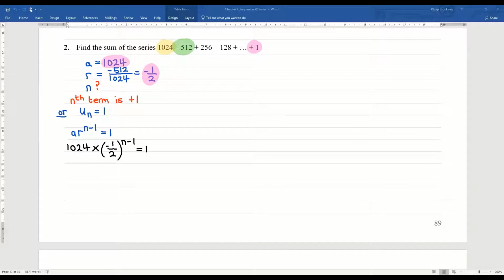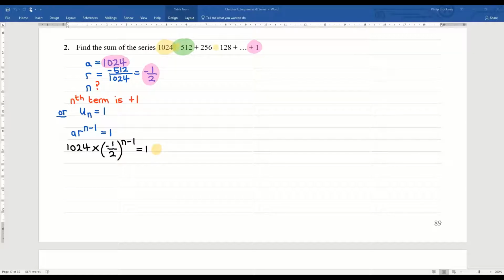Now you may look at that and think, oh dear, this is a bit complicated. Well, we could use a bit of common sense. I'm not going to go through the process of actually finding n from this equation I've just written down. We can do it, but if we just use a bit of common sense, what's causing a problem is the fact that we've got these negative signs, and it's alternating.